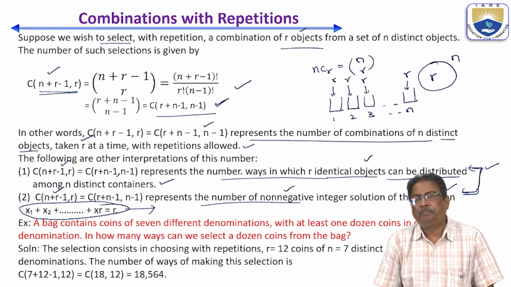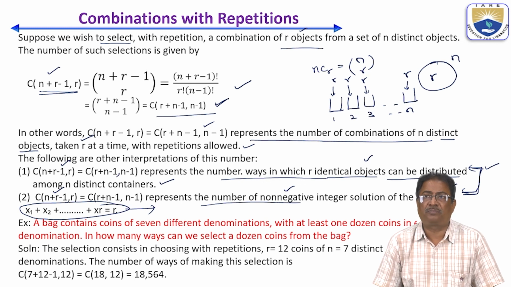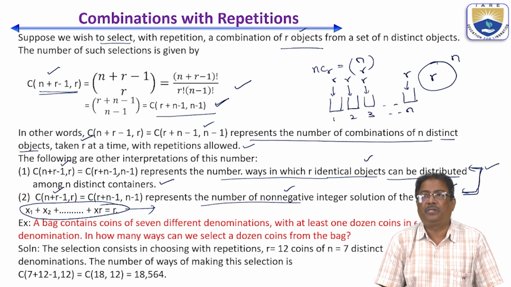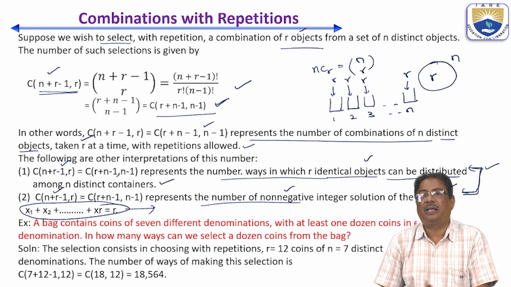Now, the same thing: in how many ways can r objects be distributed, or r objects be selected from n distinct objects, or r objects be distributed to n distinct containers?